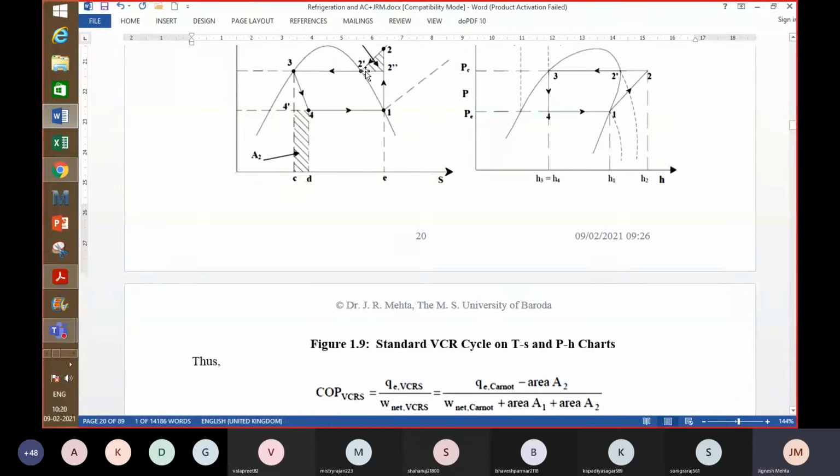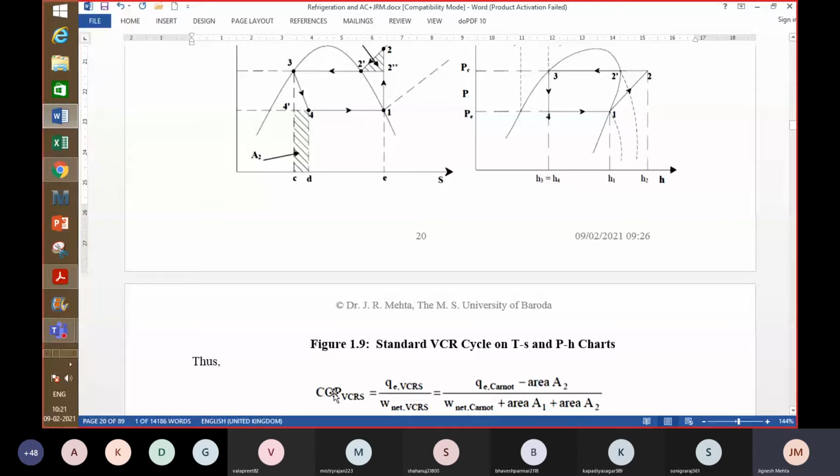And if you carry out the energy balance, you will also find that the area A2 is also an additional thing in the vapor compression refrigeration cycle, right?